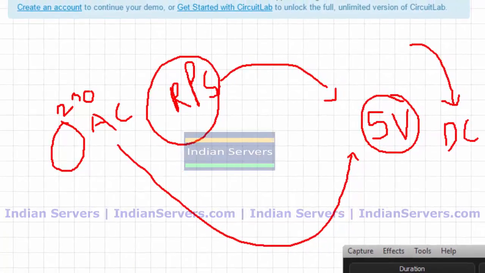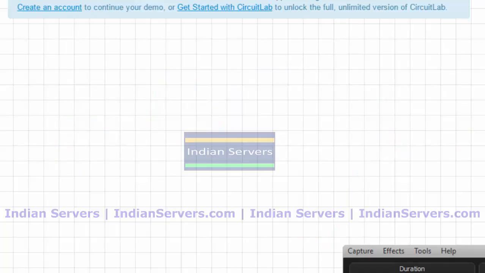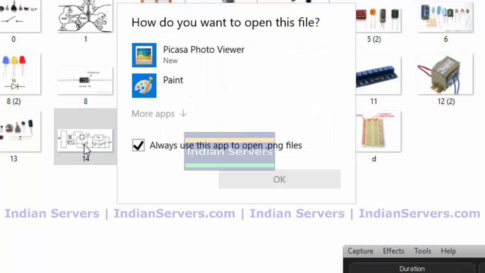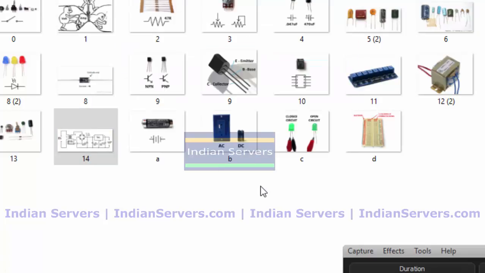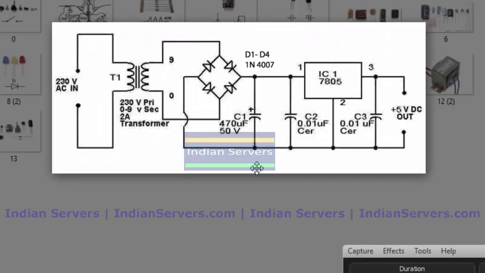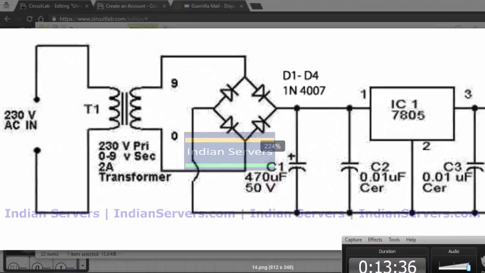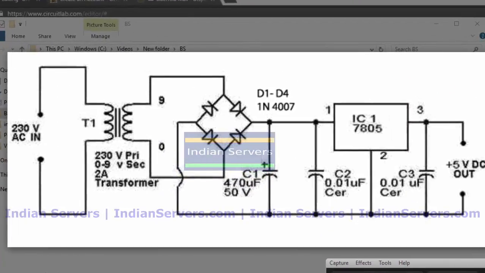So now we are going to see the circuit of RPS. So this is the circuit of RPS. The steps involved in converting 230 volts AC to 5 volts DC are: first one is transforming the power, that is by using the transformer, so the transformer stage.